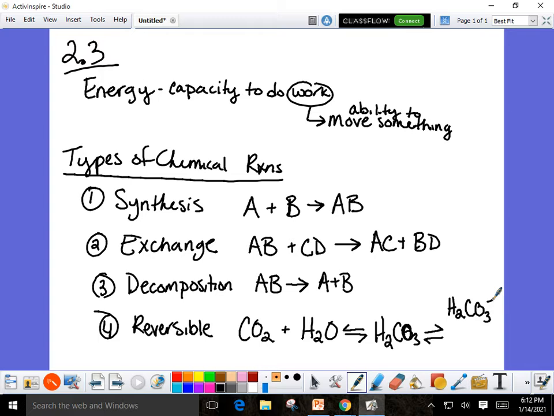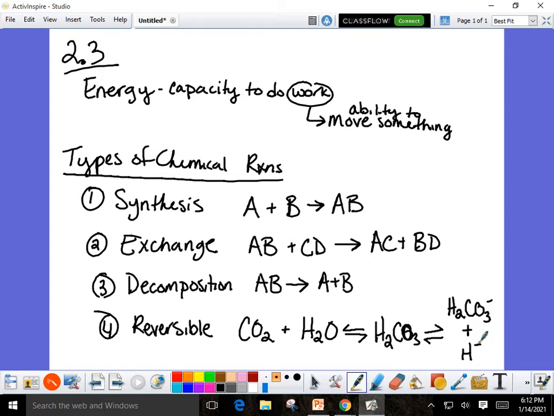Okay, and it's negative because it has an extra electron. And again, I realize this is not written exactly correct because I'm running out of space, but you get the idea, hopefully. And you're going to have a hydrogen ion here. So again, the direction of a reversible chemical reaction depends on what's available.